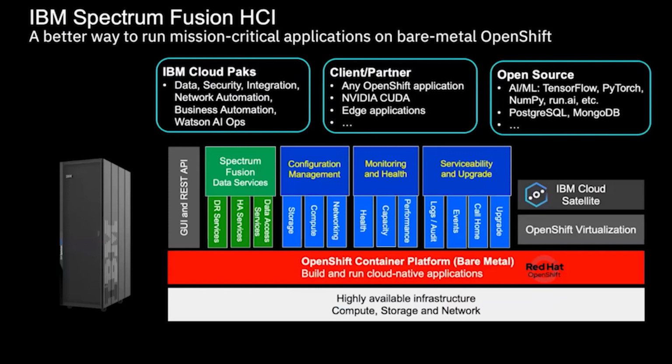The upgrade operator orchestrates the upgrade of firmware on the hardware, OpenShift, the HCI management stack, IBM Spectrum Scale Erasure Code Edition, and Spectrum Protect Plus. All of this integrated hardware and software provides the platform for running mission-critical applications in the form of IBM Cloud Paks, client applications, or open source packages.